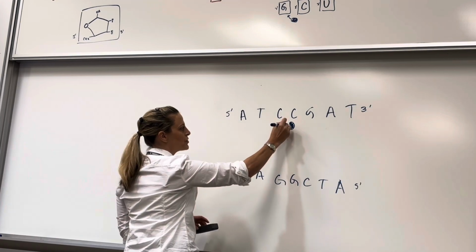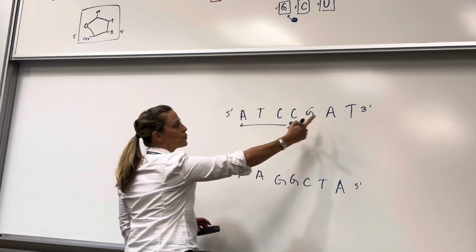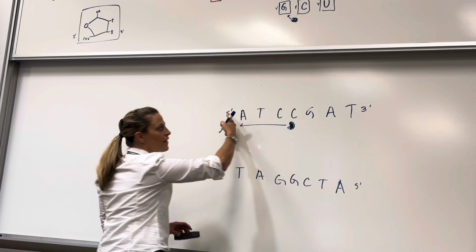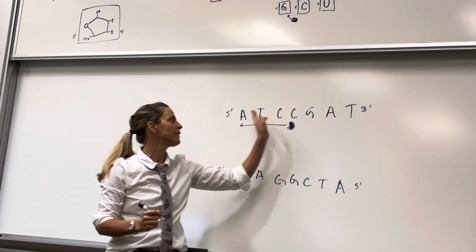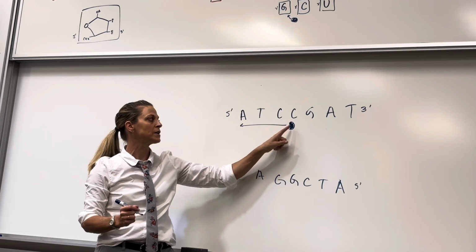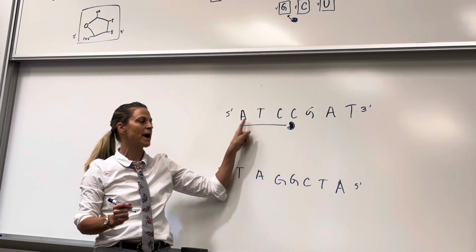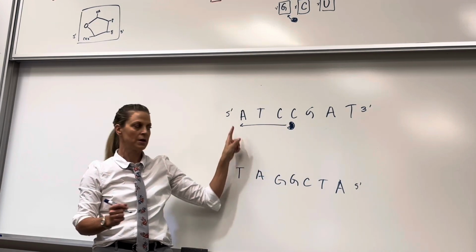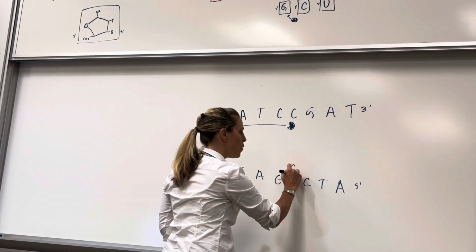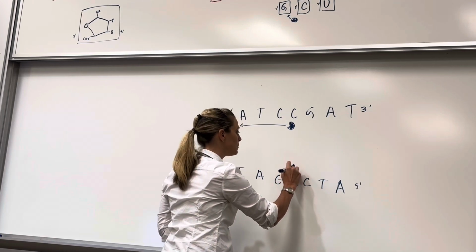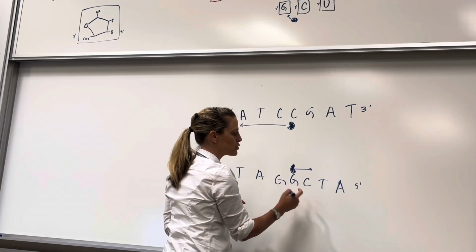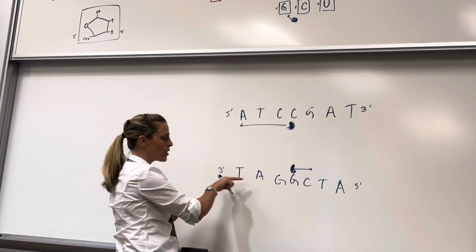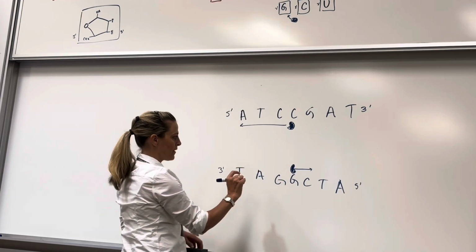This one has to go this way, because it's reading from 3 to 5, right? Is everybody with me on that one? It's reading from 3 to 5, reading this strand and adding nucleotides to match it all the way along. All DNA polymerases and RNA polymerase have to move in the same direction, so this is also going to be reading from 5 to 3.